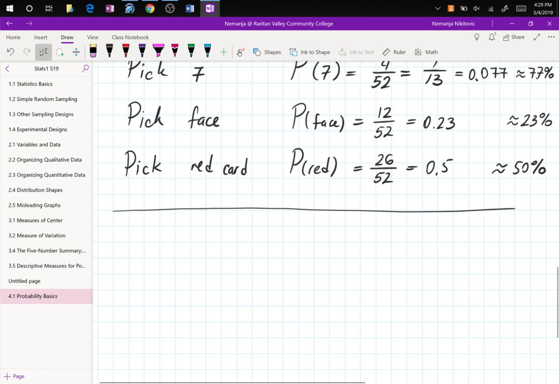So all we need to write now are the properties of probability, and that's it. I hope you're not disappointed, but that's all. We can take a look at another example, but okay, so basic properties.